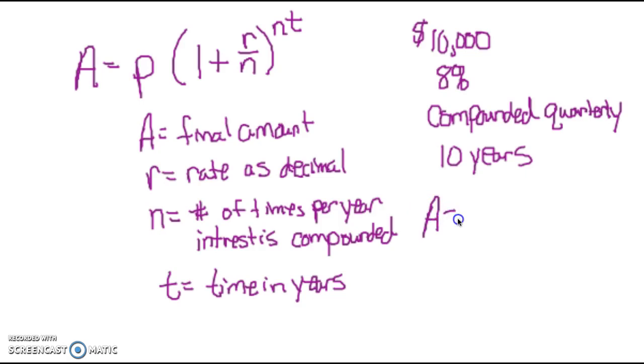A is going to equal 10,000 times 1 plus 0.08, compounding quarterly, so we're going to divide by 4. Please remember that if you use the exponent key, you would have to put in 4 times 10. That needs to be in parentheses.